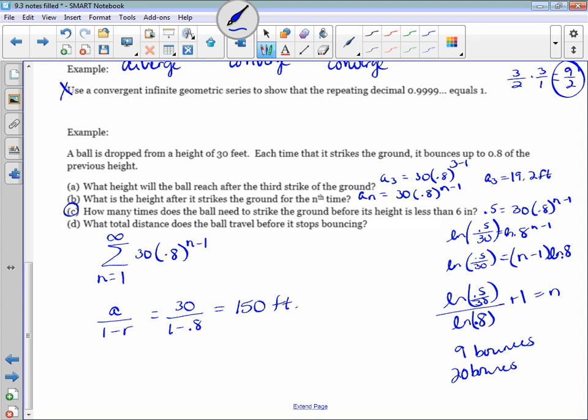Cross out number 4, cross out 11, and then cross out 12.